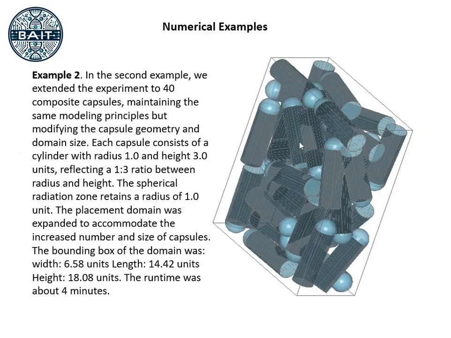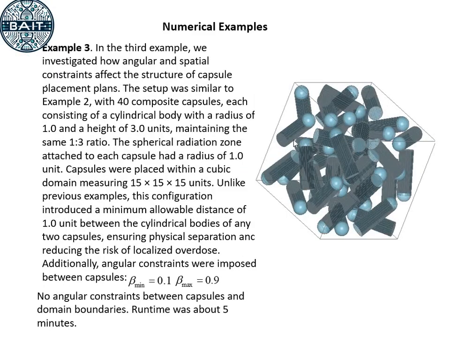In the second example, we extended the experiment to 40 composite capsules. The runtime was about 4 minutes. In the third example, we illustrated how angular and spatial constraints affect the structure of capsule placement plans. The setup was similar to example 2, with 40 composite capsules, each consisting of a cylindrical body with a given radius and height, maintaining the same ratio of 1 to 3.